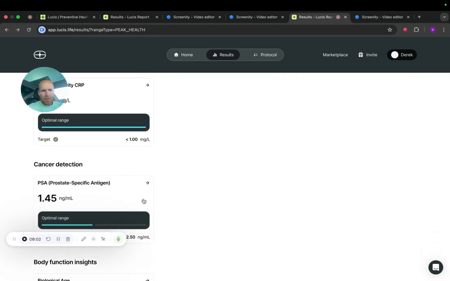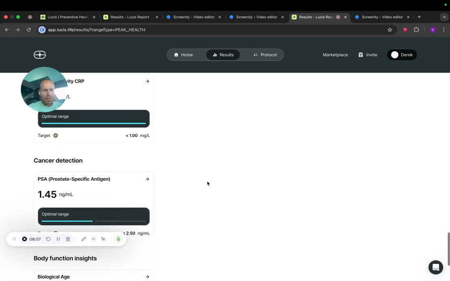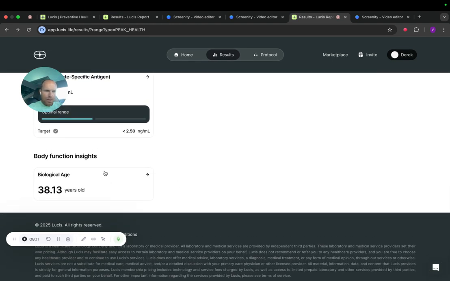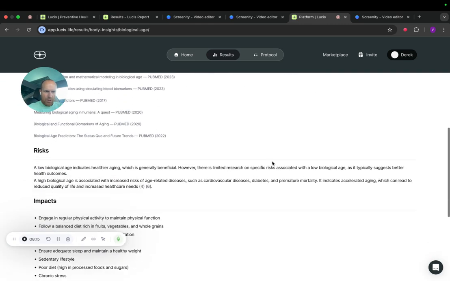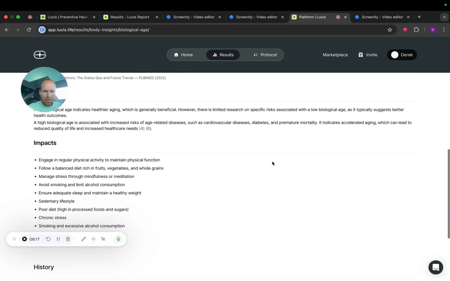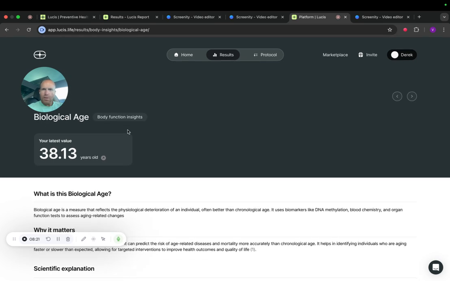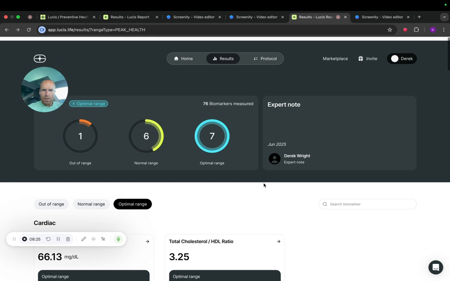And PSA, a really nice one in terms of preventative prostate cancer evaluation, basically. And then the biological age, again, just gives you a bit of explanation on what it is. It doesn't show you all of the markers, but that's easy enough to see online with PhenoAge.